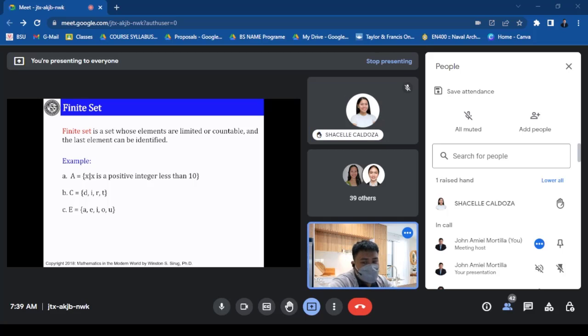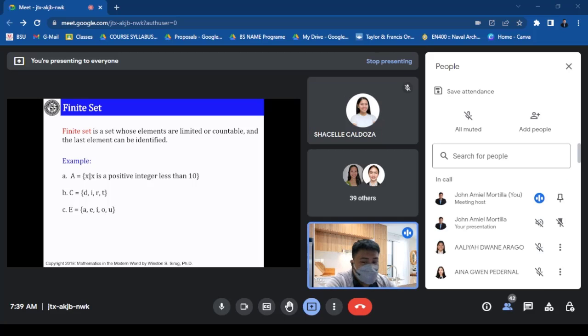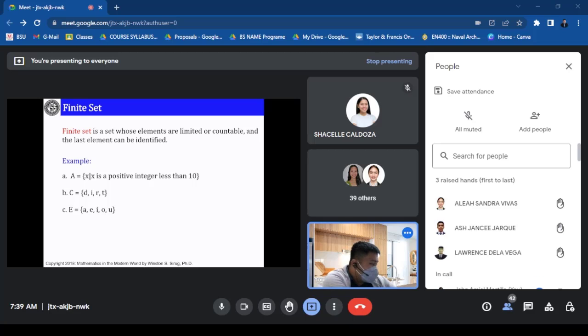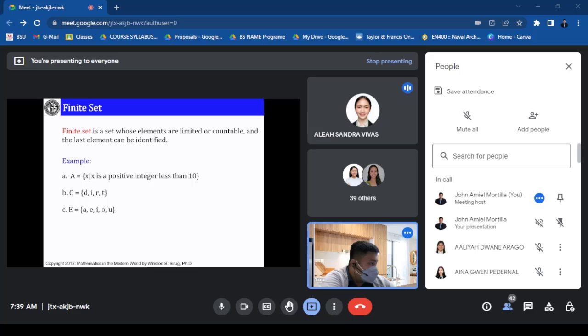Okay. So, how about letter E? Oh, ito, nasabi na kanina ang rule form niyan. Okay, Alea. X such that X is a set of all vowel letters. Yes. Okay, so tandaan nyo, kapag finite set is may hangganan siya. So, alam nyo yung simula, alam nyo yung katapusan.